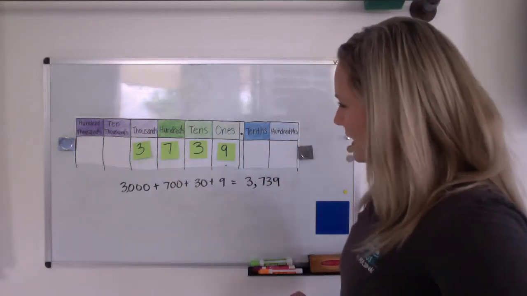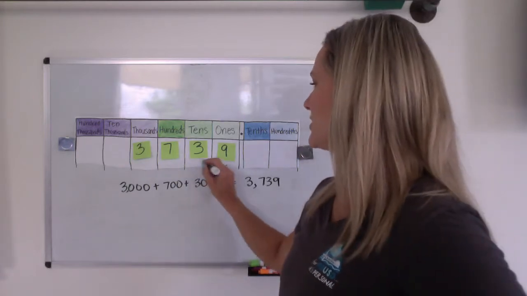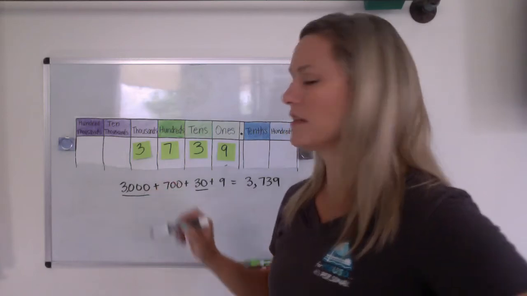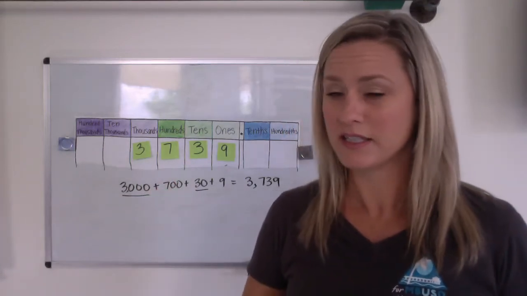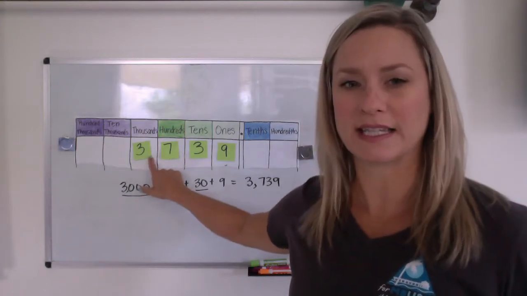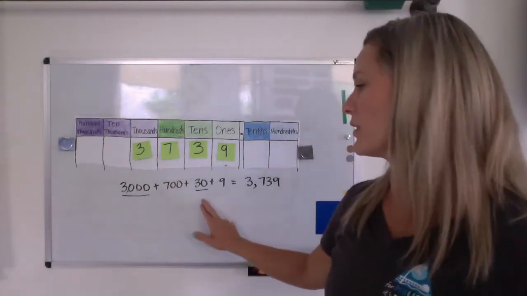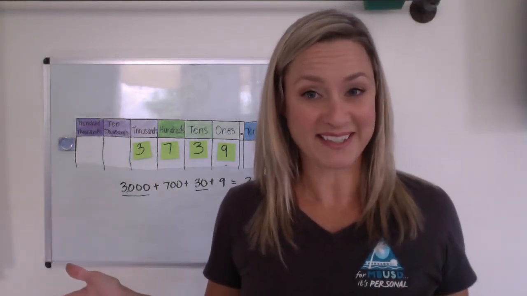Maybe you said, ooh, maybe you even compared this digit 3 with this digit 3. Which one has the greatest value? They're not the same, right? So you probably realize that this has the greatest value because it's worth 3,000, and this one's only worth 30. So that leads me to my next question.